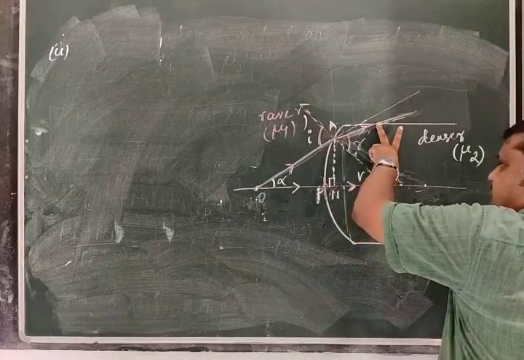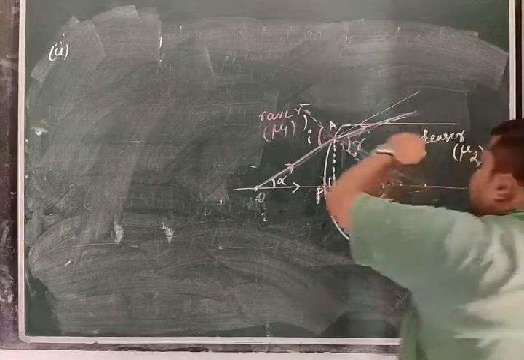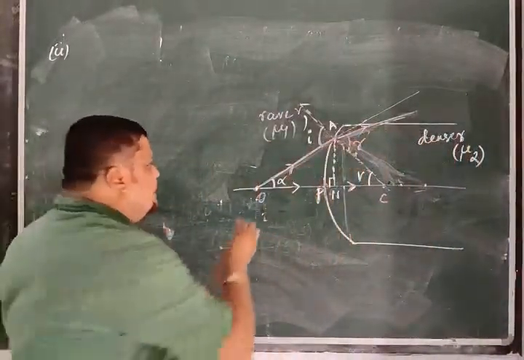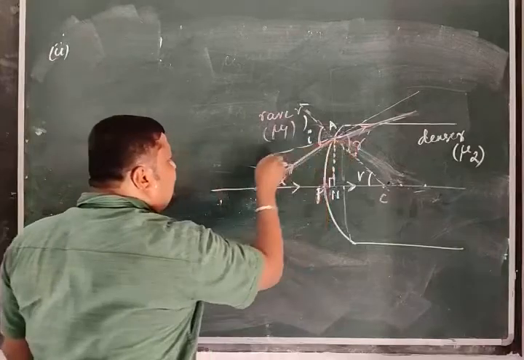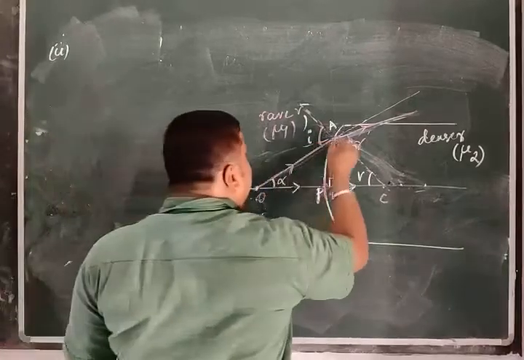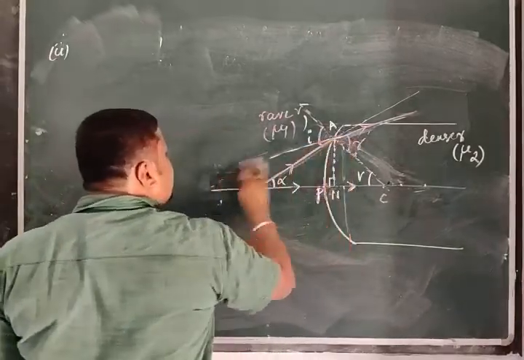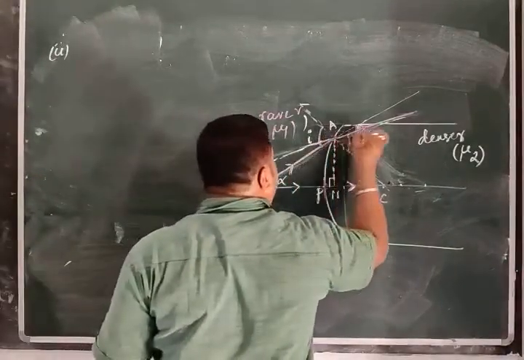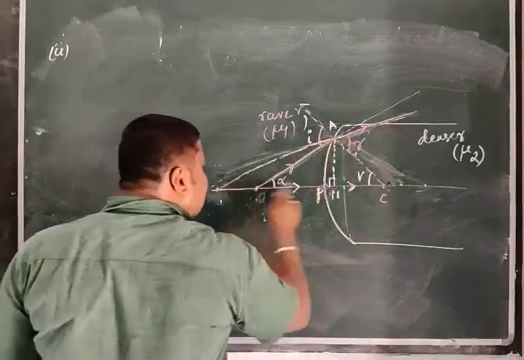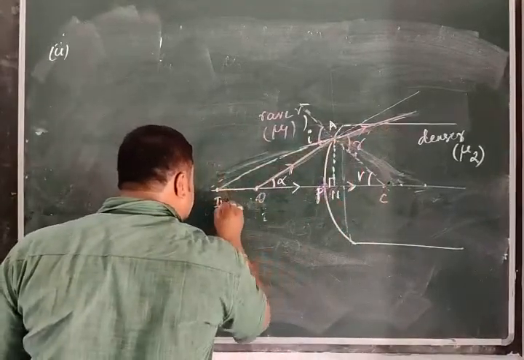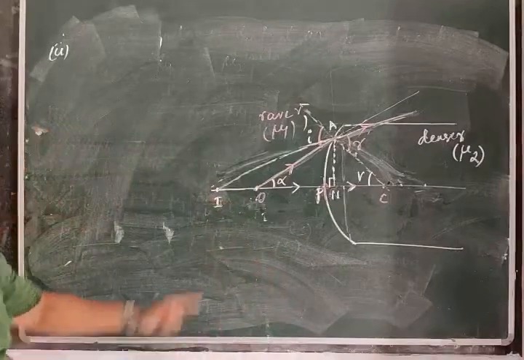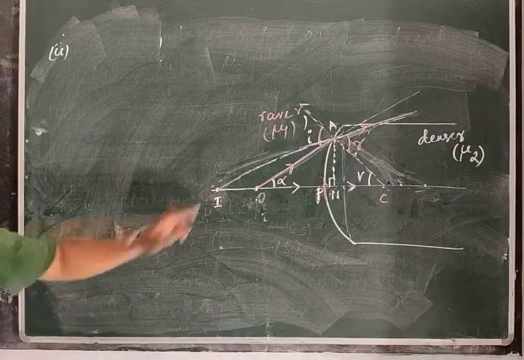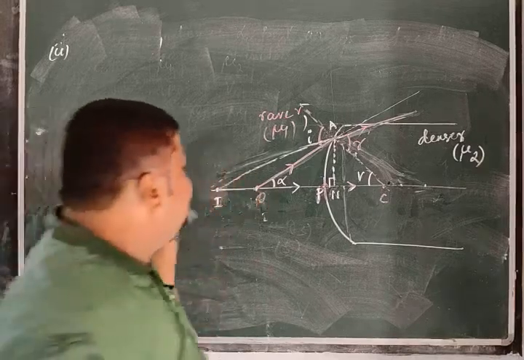These two refracted rays, from A and from P, will never meet on this side. They go on diverging, so they appear to meet at a point like this. These two rays appear to come from the point I. So here I is the image position, and the same concept applies.